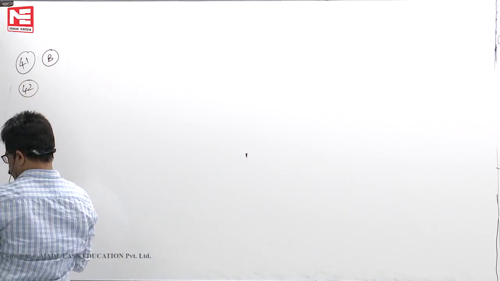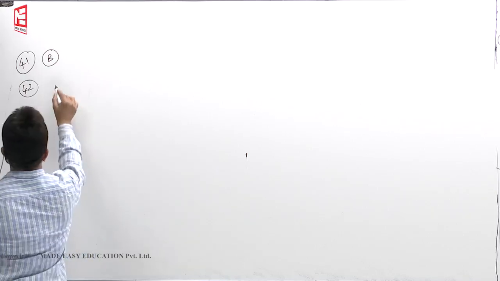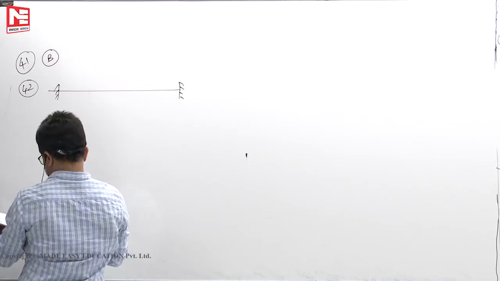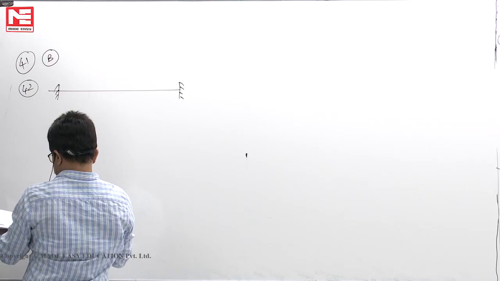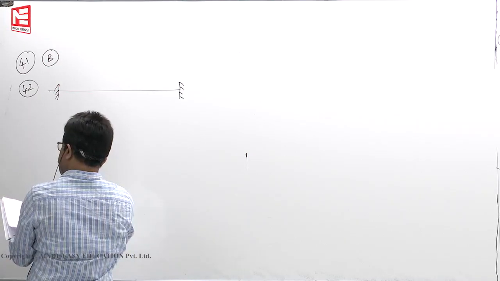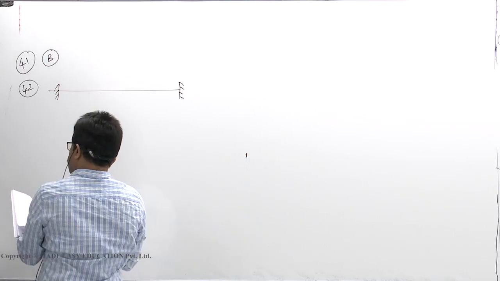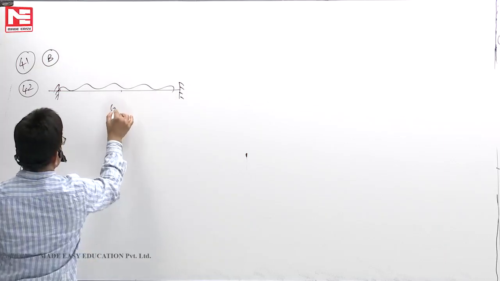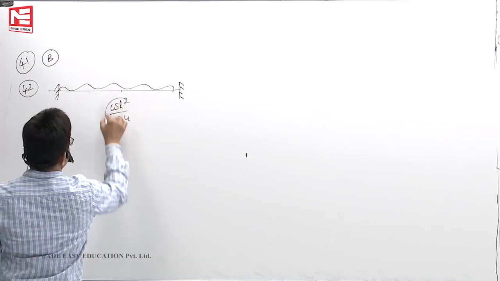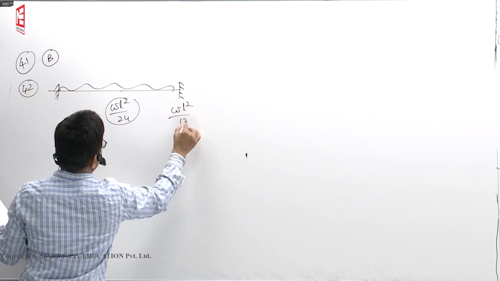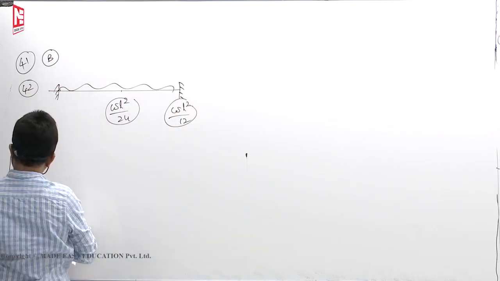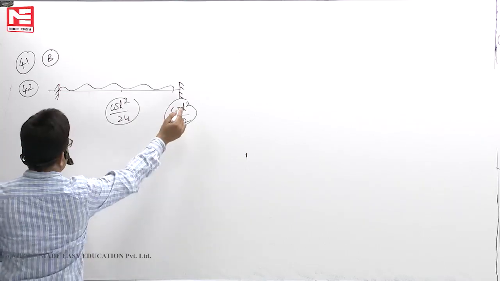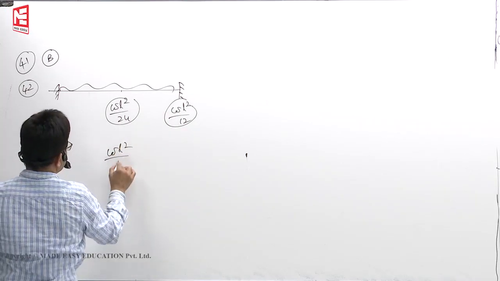A fixed beam of uniform cross section is loaded throughout the span. What is the proportion of the bending moment at the center to the end moment, considering only elastic conditions? We know at the center it is WL square by 24, and at the end WL square by 12.